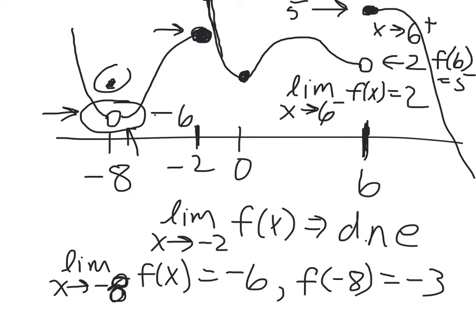But because one side is 5 and the other side is 2, when we say x approaches 6, we would have to say the limit does not exist. But with the plus or the minus up here in the exponent, that means one side or the other side. Both of those one-sided limits exist. They just don't equal the same number, so the overall limit does not exist. Okay? Questions on that? Or other questions that this graph may introduce here?